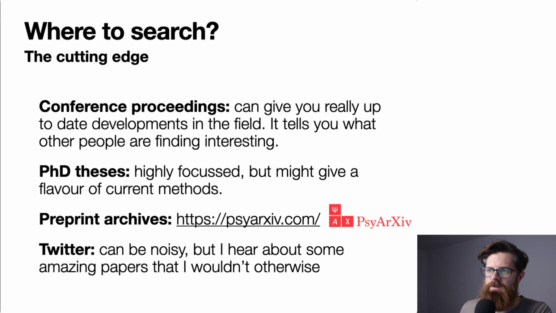And so if you are able to find some of these conference proceedings for a conference that happened in the last year or so, this will be a good way to get up to speed with what people are working on right now, simply because when people go to conferences, they don't talk about work that they did 5 or 10 years ago. They talk about work that they're doing right now.